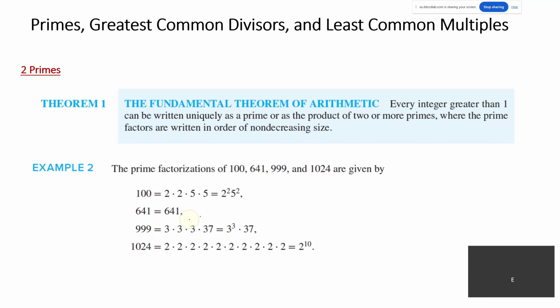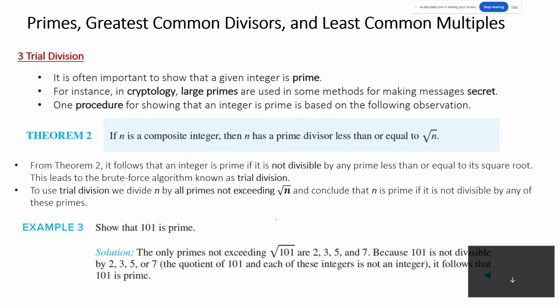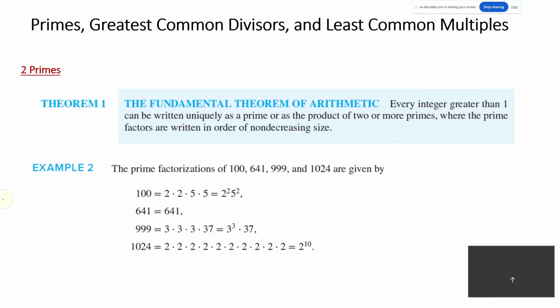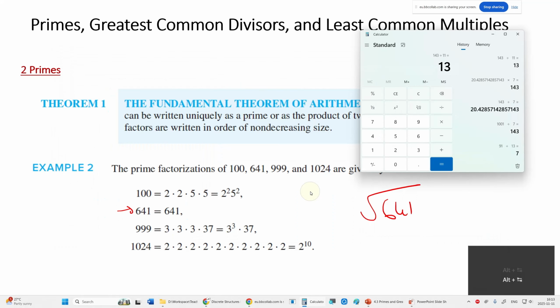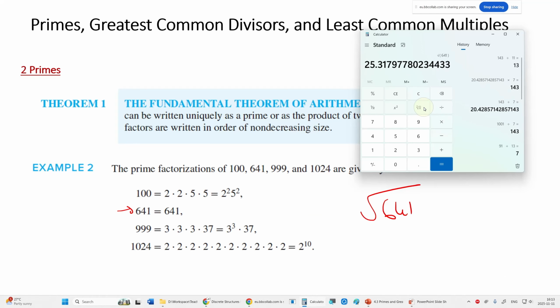Why increasing? Because this is how we find them. We start with the smallest primes and then divide until we get to the biggest ones. And now we know that we don't have to try them all. For example, what is the square root of 641? It is 25 point something.